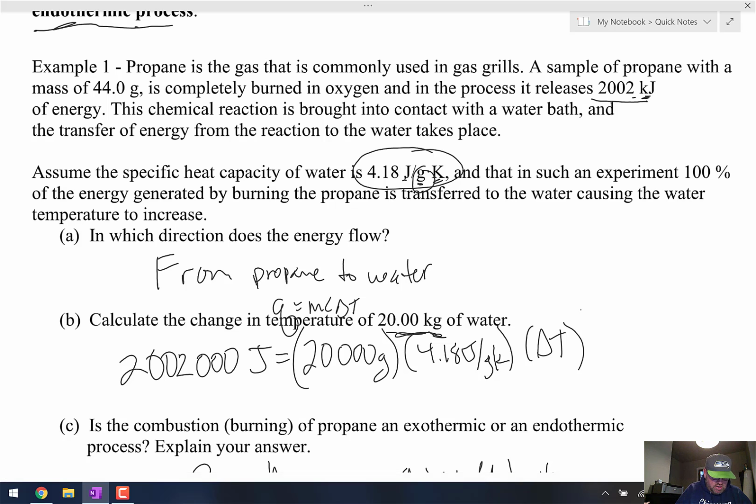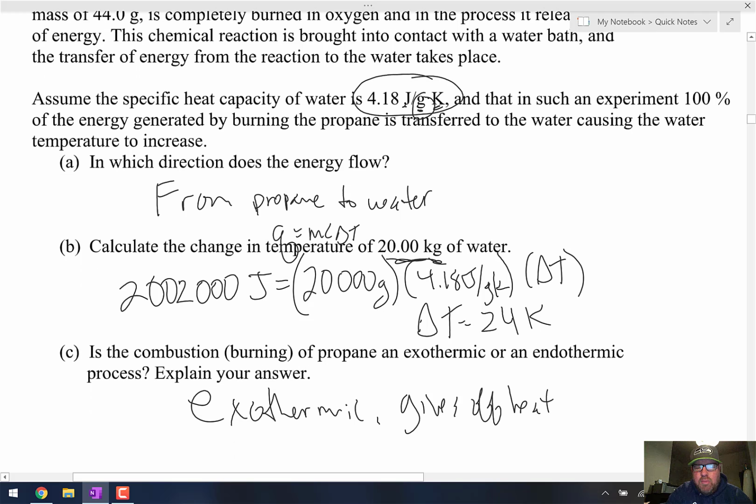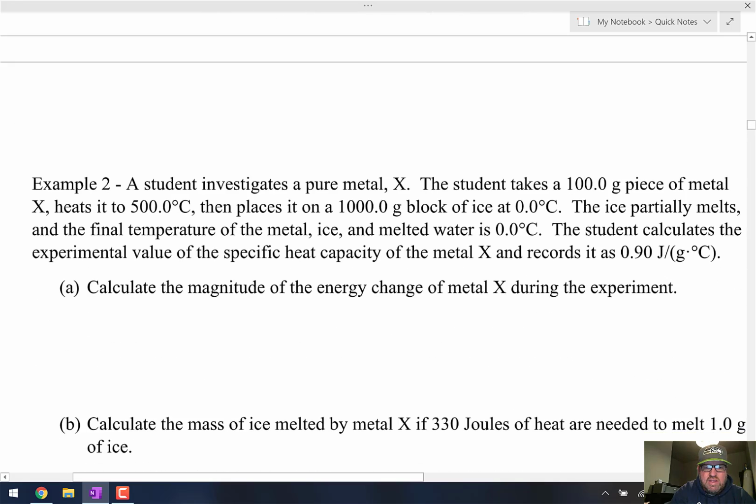I'm going to take 2,002,000, divide by 20,000, divide by 4.18. That's going to give me a temperature change of roughly 24, either Kelvin or Celsius. So the temperature of the water is going to go up by 24 degrees using that Q equals mc delta T equation.